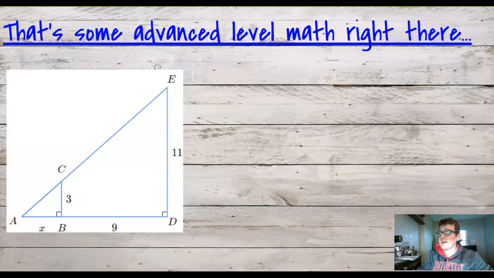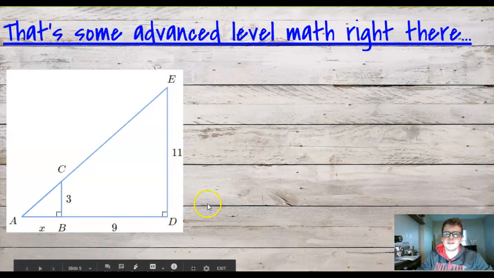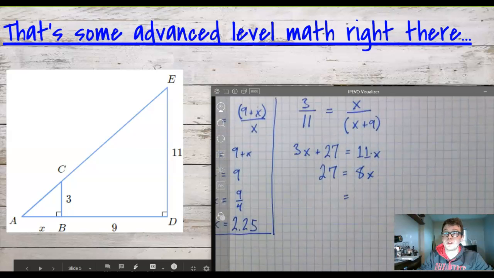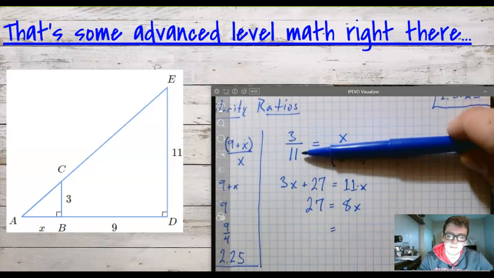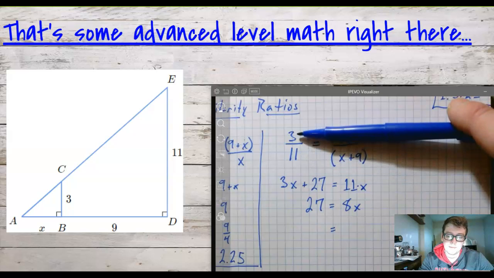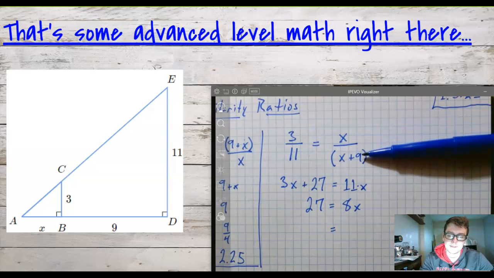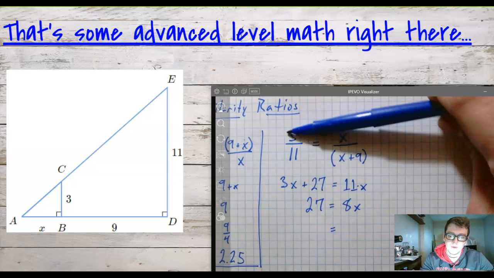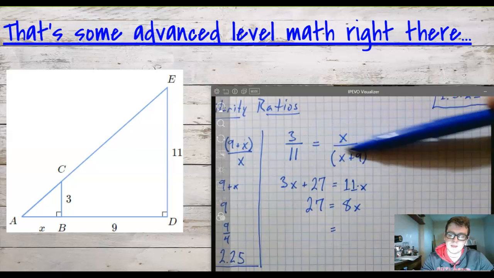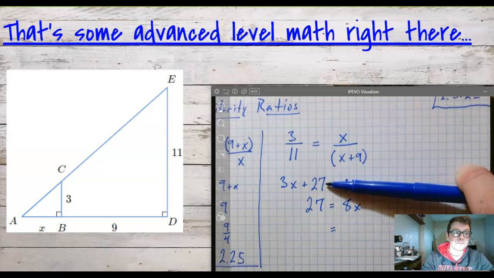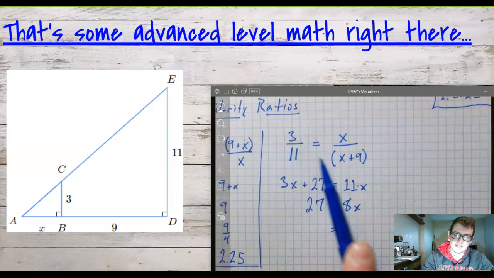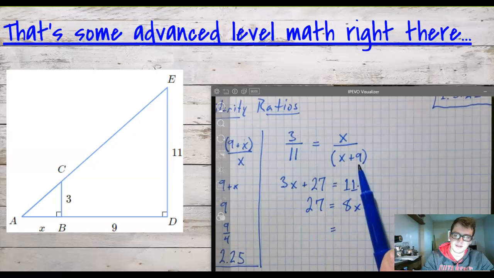Now, I do have one answer that seems slightly off, so I want to make sure we go over the process real quick. I decided to change it up and put my small triangle on top and my larger triangle on bottom here. So I put the 3 over the 11 and the x over the x plus 9 just to change things up a bit. When we distribute, and here's the trapdoor you may have fallen in, make sure that you got a 27 from applying the 3 to the x and the 3 to the 9.